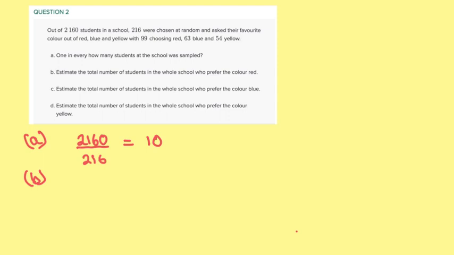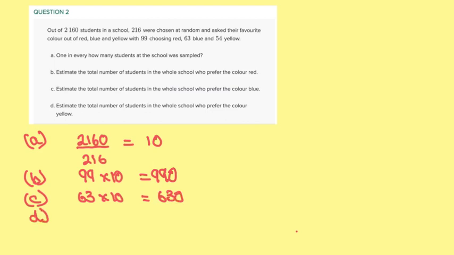Therefore, the number who prefer red is 99 times 10, which is 990. C, in the same way, 63 times 10 is equal to 630. They prefer blue. And D, in exactly the same way, 54 times 10 is equal to 540, prefer yellow.